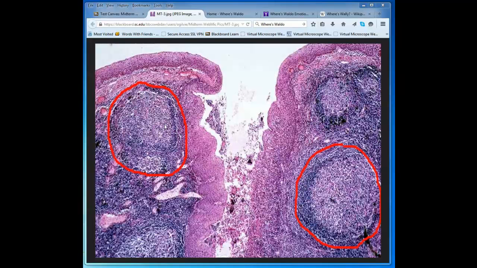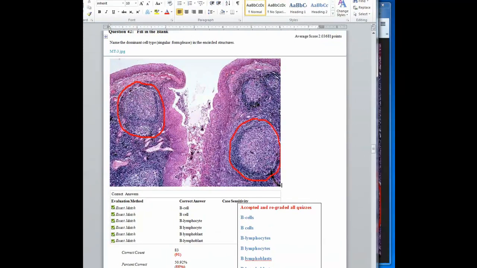Well, the dominant cell type truly is a lymphocyte, but you have to be more specific than that. Many did answer lymphocyte, but that is not correct because it's not specific enough. We accepted a variety of answers, and you can see them here.